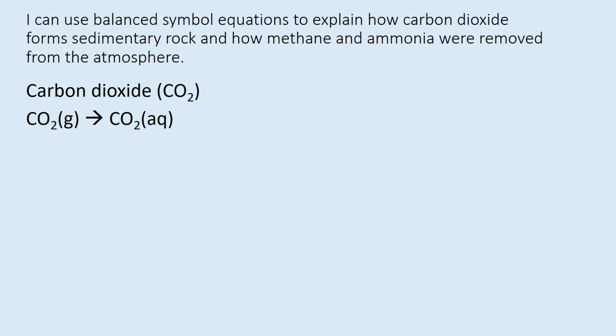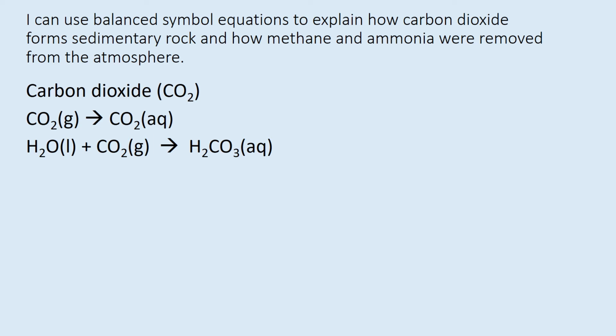Now, the alternative chemical name would be hydrogen carbonate. So the next equation that's going to appear is carbon dioxide reacting with water to make hydrogen carbonate. Now, you might be able to have a go at writing that. Have a go. It's going to appear anyway, and then we're going to talk a little bit about it. So there you go. Water and carbon dioxide makes this thing called hydrogen carbonate or carbonic acid.